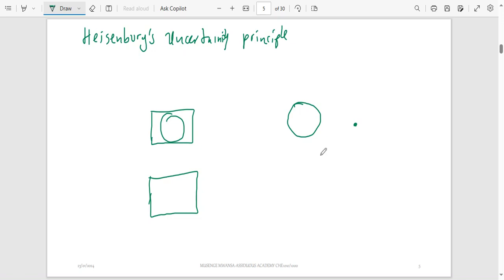Are you able to see now? Can someone confirm if you can see now? Okay. So, are we on the same page? Or maybe I lost you from somewhere else.